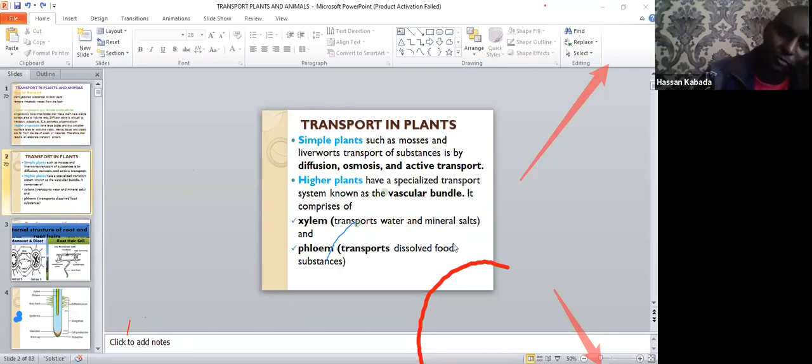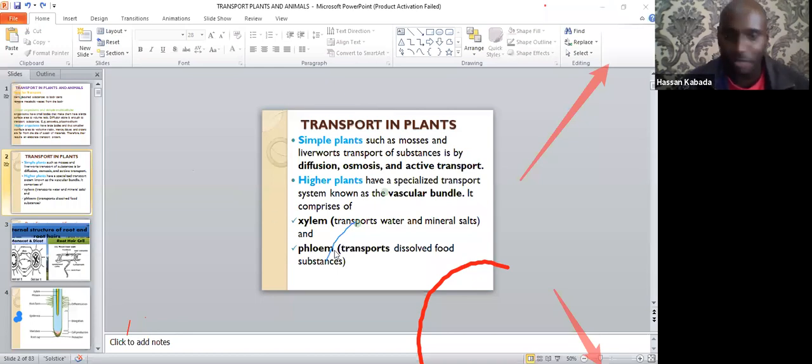this food manufactured by the leaves through photosynthesis. So the materials that are manufactured include, of course, glucose, which will be converted into starch for storage, maybe in the starch granules, and also converted into sucrose, so that this food can be translocated to other parts of the plant for either storage or usage.